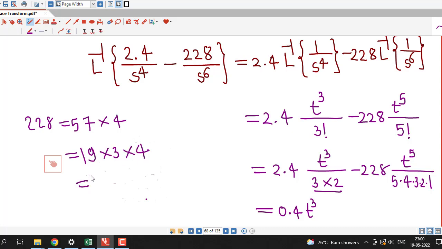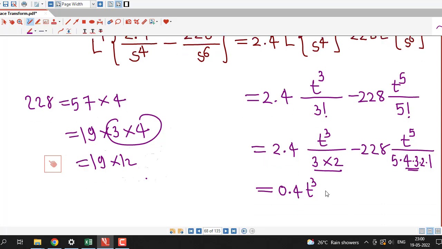So we have 19 times 12, and we can cancel out 12 here, 3 into 4. So we are left with 19 here, and 12 will cancel out, and we have 5 into 2, that is 10, t raised to 5.